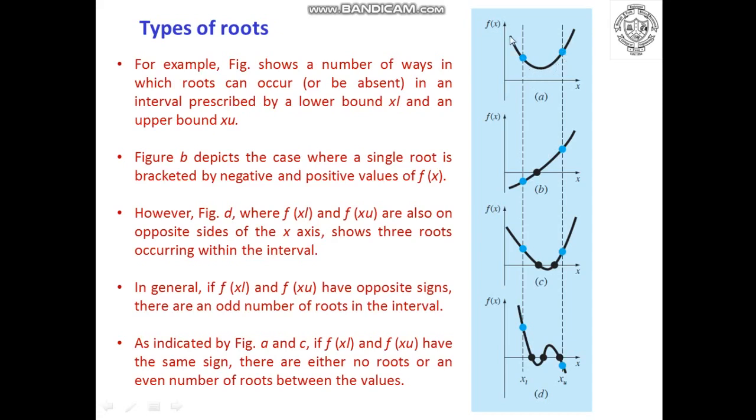So as the sign of both functions is the same, there can be a case that no root will be there. Or if you observe case C, you will find that here also the sign of the function of xl and xu is both positive, but there can be a case where two roots lie within this interval.